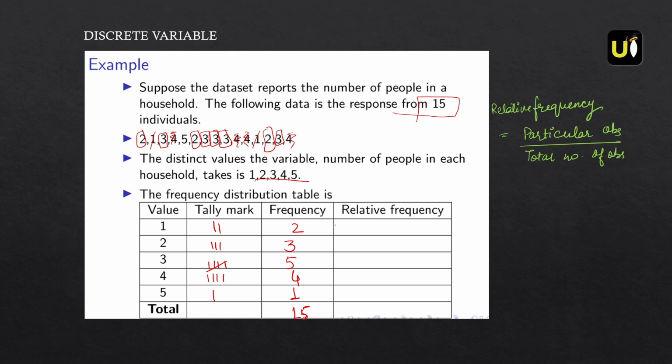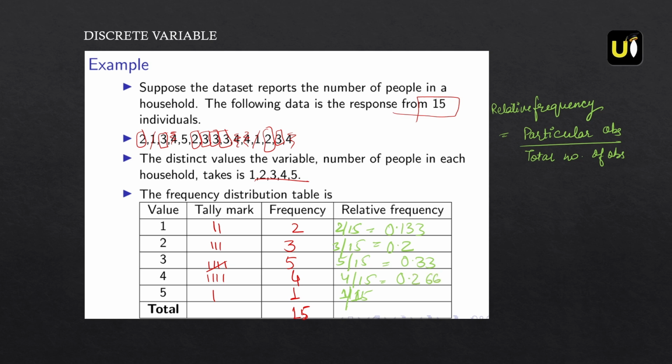So here it will be 2 upon 15, 3 upon 15, 5 upon 15, 4 upon 15 and 1 upon 15. So this would be 0.133, this would be 0.2, this will be 0.33, and this will be 0.26.